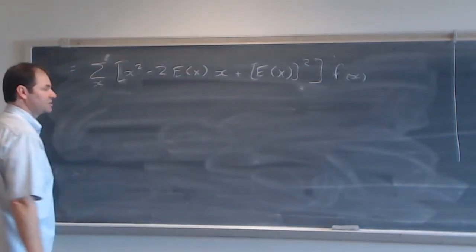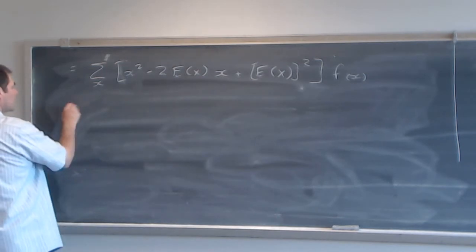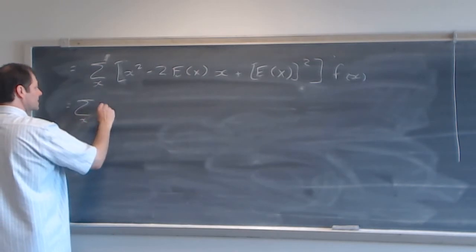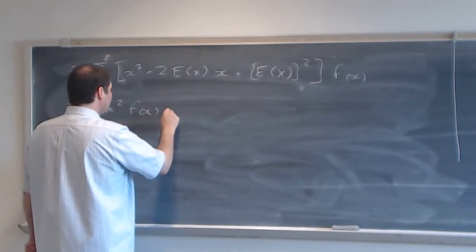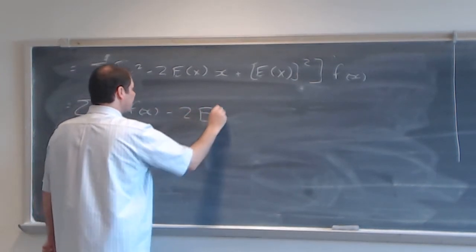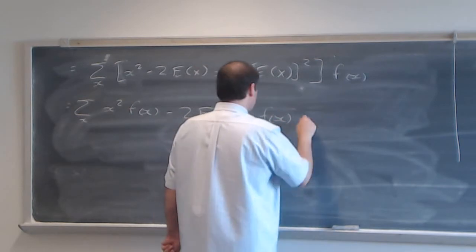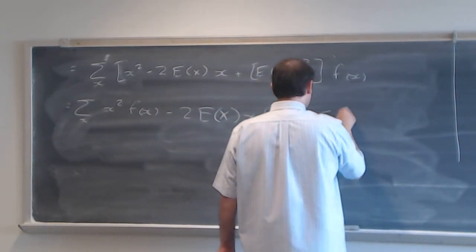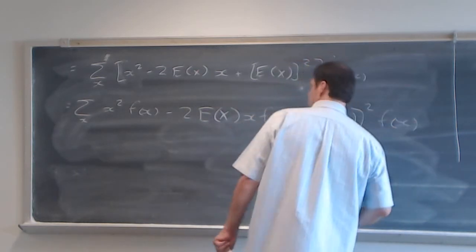That's by definition of the expected value of a function of X. Here we can multiply this out, so we get the sum over all the x values of x squared f of x minus 2 times the expected value of X times f of x plus the expected value of X squared times f of x.